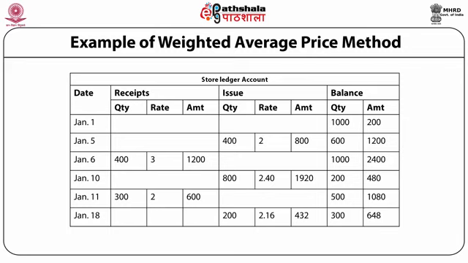On January 10th, 800 units were issued, and for issuing, the formula was used: value of material at the beginning plus purchases divided by number of units at the beginning plus number of units purchased. We divided 2400 by 1000 and get the rate of 2.4 per unit. So it shows that in the weighted average method, the units and the value or cost is combined. They lose their separate identity.